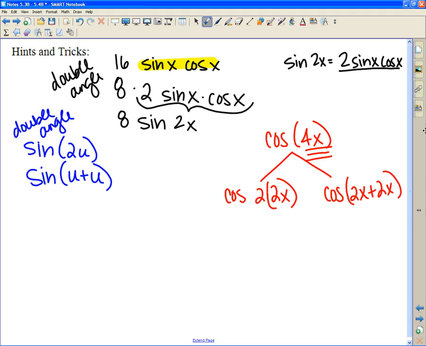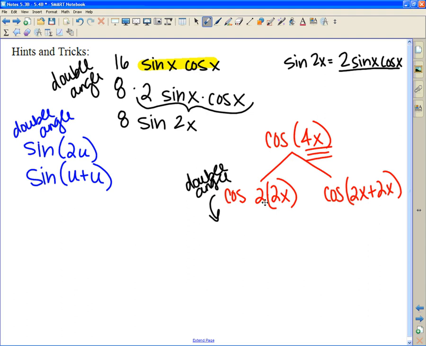Last thing I have written on here is another double angle idea. Actually, I'm going to keep going with this. If this is double angle, again, here we are, double angle one more time, then how would you actually make a double angle out of this?